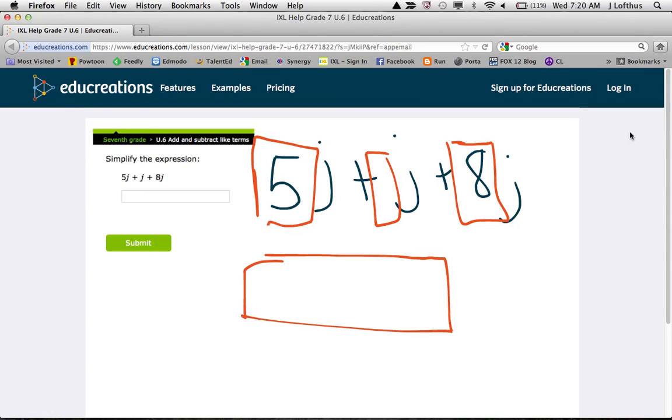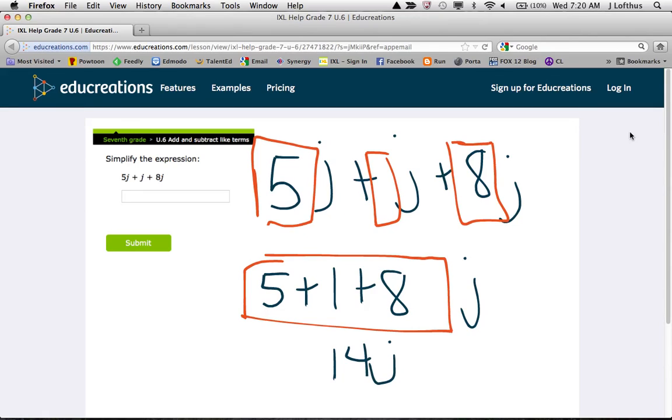And I'm going to gather those together and do 5 plus 1 plus 8. And that's multiplied by the variable j. So 5 plus 1 plus 8 is 14, so I would enter 14j for that problem. That's a simplified way of writing that expression.